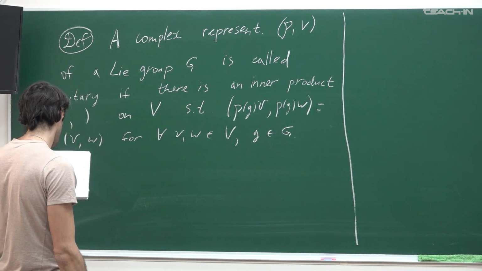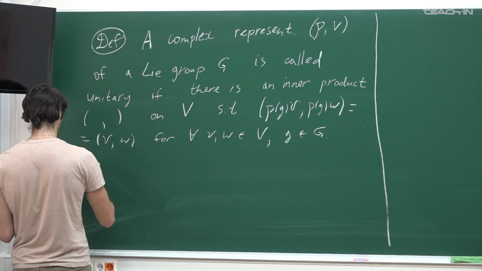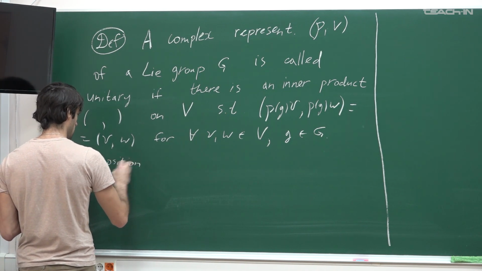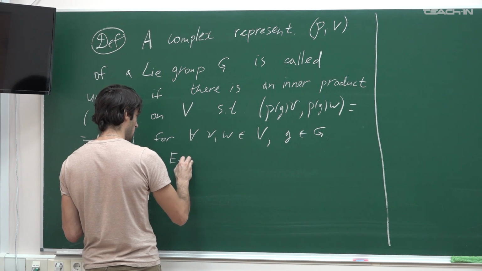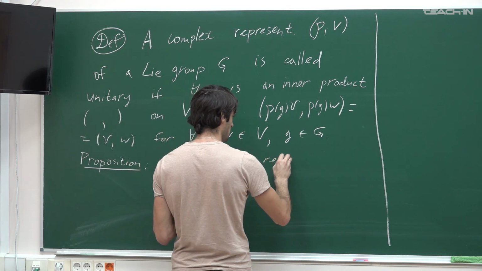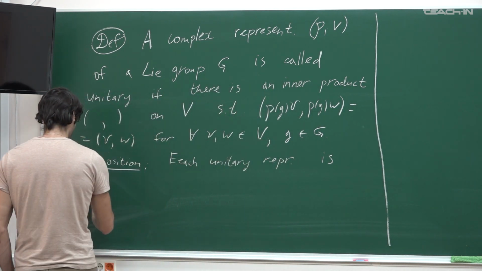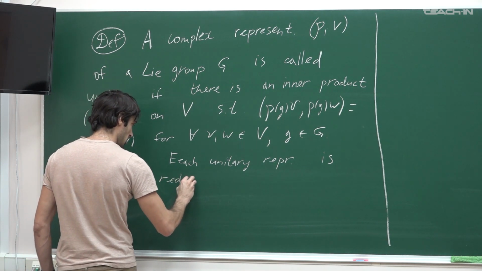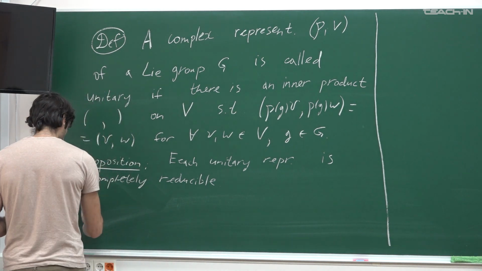So this definition, and you immediately can see why it is useful by the following proposition. Each unitary representation is completely reducible. And the proof is easy.